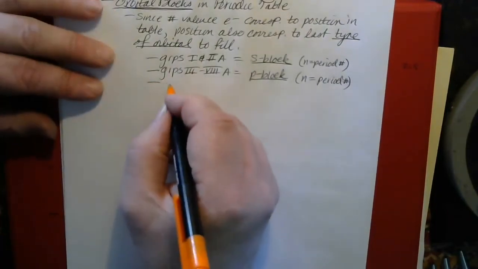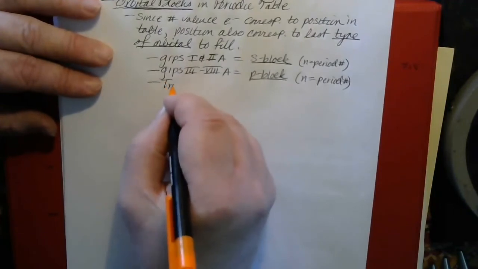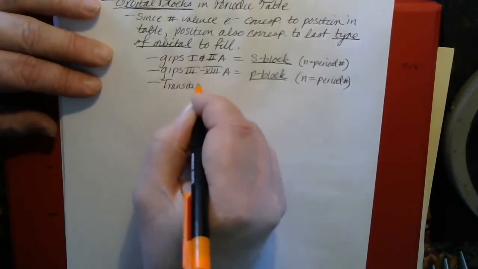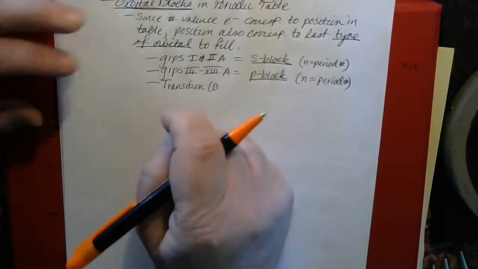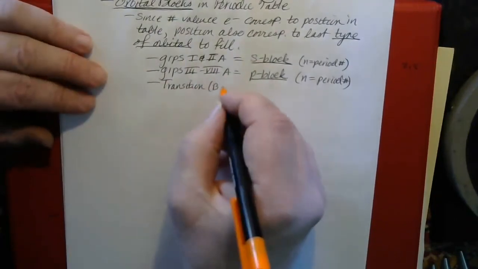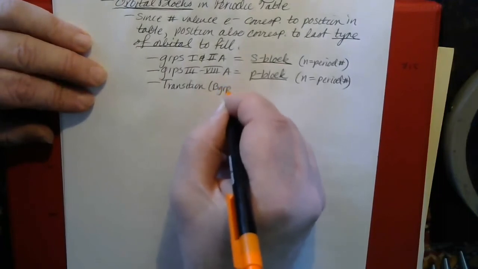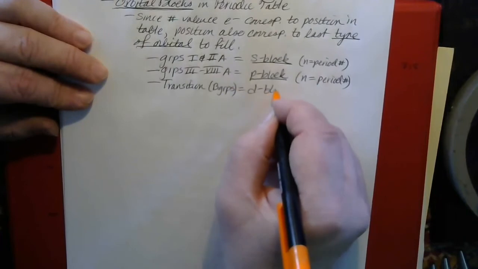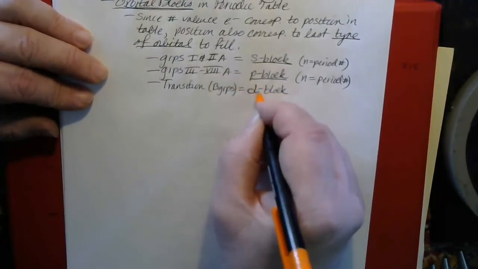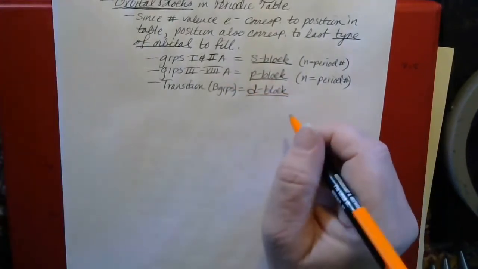All right, then there are the transition elements, or the B groups. That's known as the D block, because D electrons would be the last ones in for those elements.